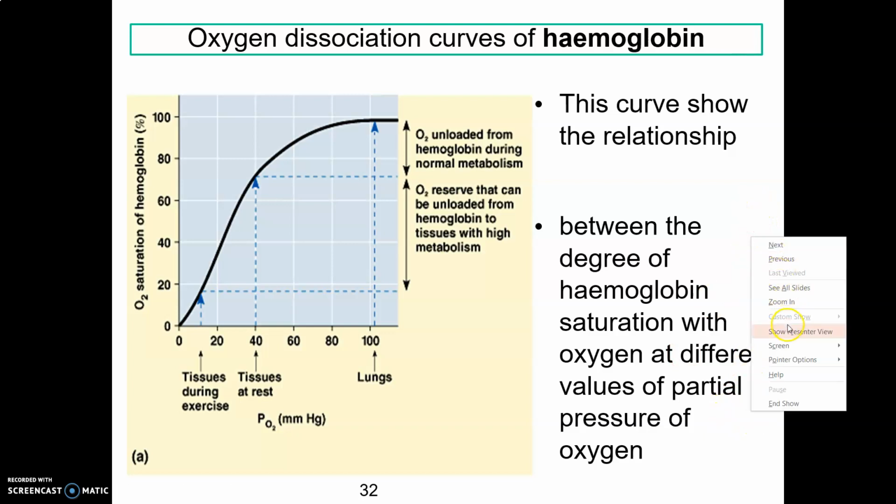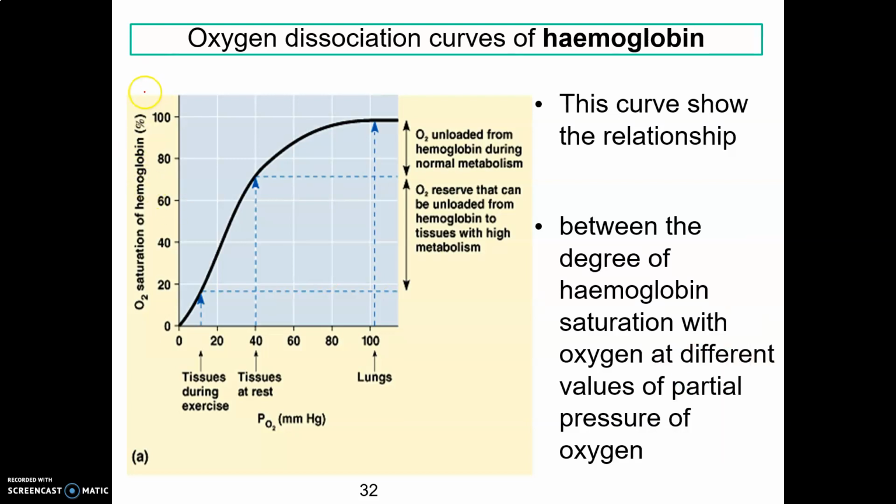Dan tolong ingat, tolong faham ya, bahawa dekat y-axis adalah oxygen saturation with hemoglobin at hemoglobin percentage dan bawah ni adalah partial pressure of oxygen mmHg. Okay, I pun tak tahu apa benda tu, but mmHg je I tahu.